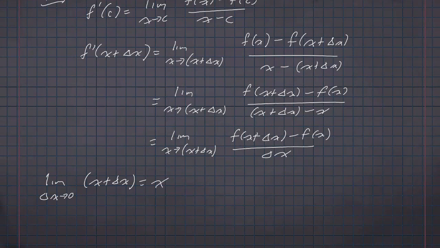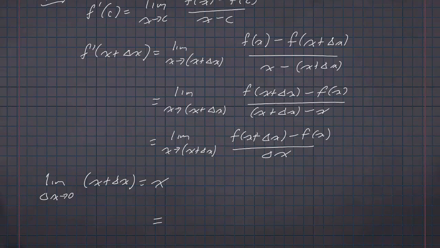We know that the limit as delta x goes to 0 of x plus delta x is equal to x. And so if when delta x goes to 0, x plus delta x goes to x, we can flip that whole thing around and say that as x goes to x plus delta x, delta x must be going to 0.